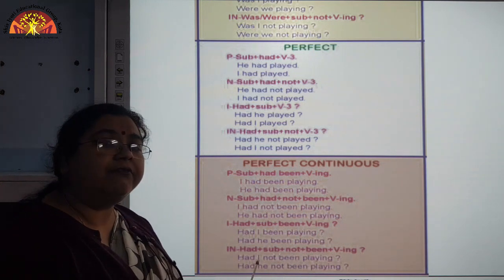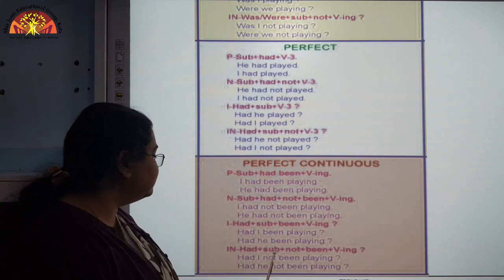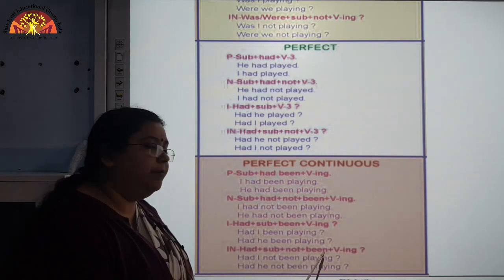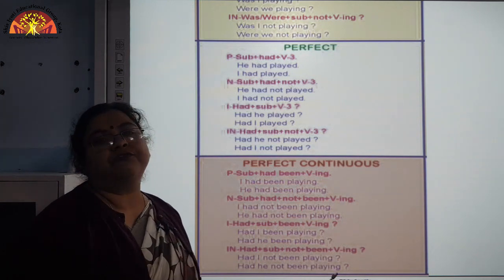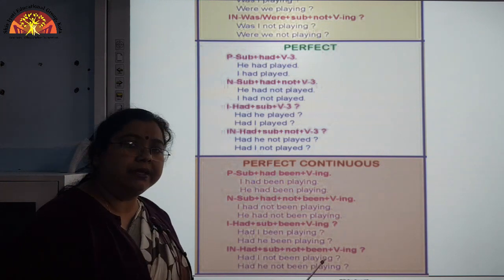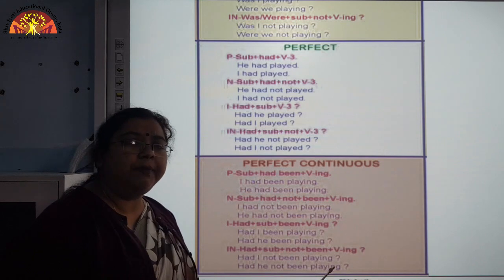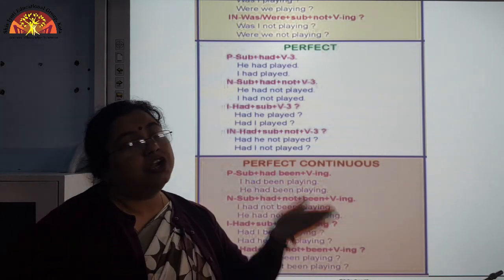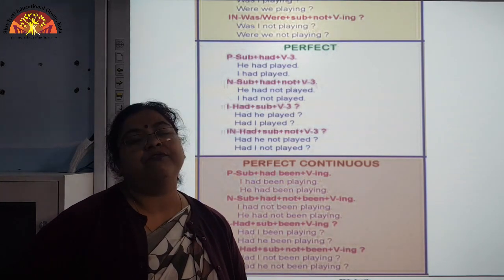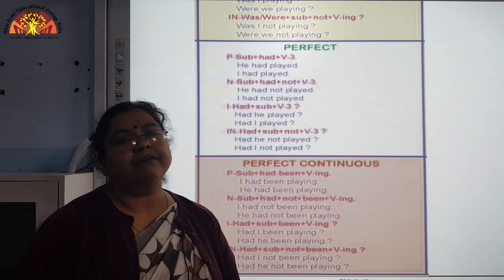Now, interrogative negative sentence: again we will bring the helping verb first, then the subject and then not, followed by been plus ing form of the verb. So, had I not been playing, or had he not been playing, had she not been cooking food? In this manner we will frame the negative interrogative sentence.